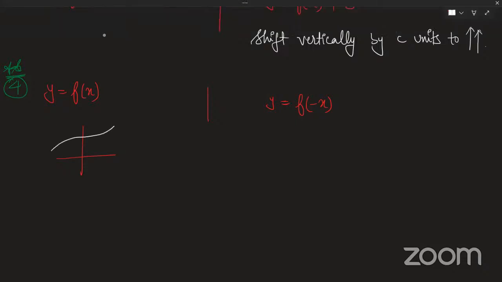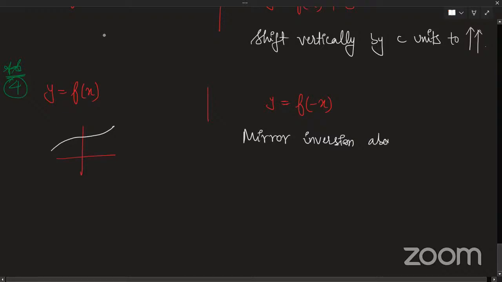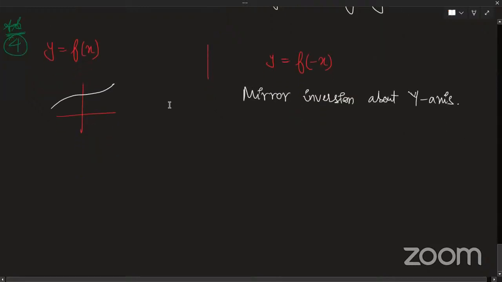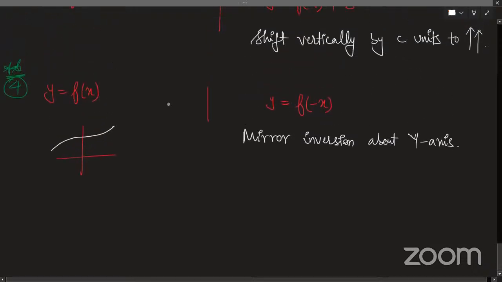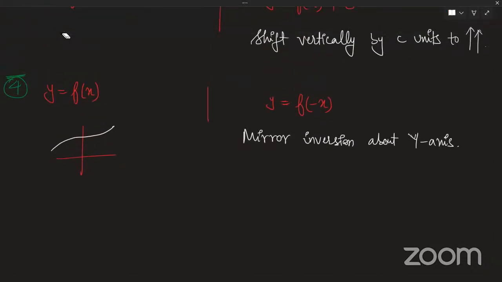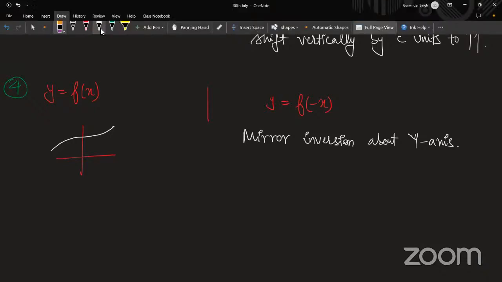So it will just be a mirror inversion about the y-axis. Because imagine, earlier you put a value of x and got f of x.